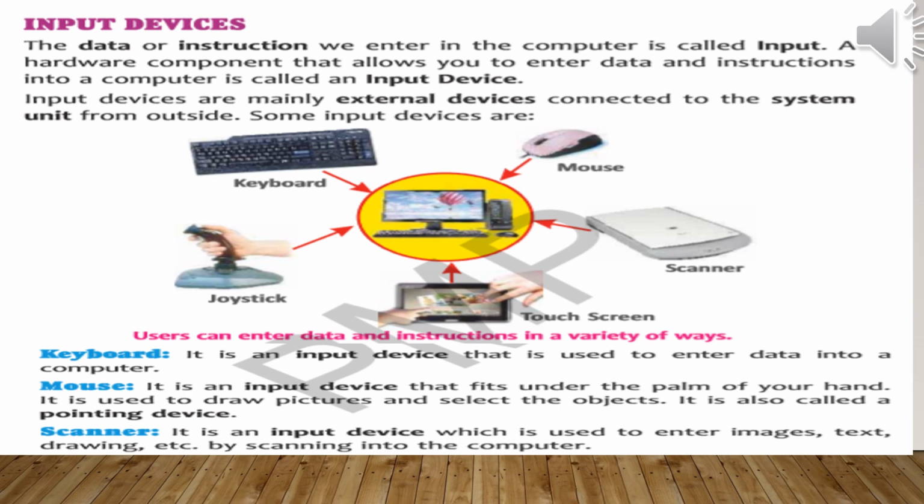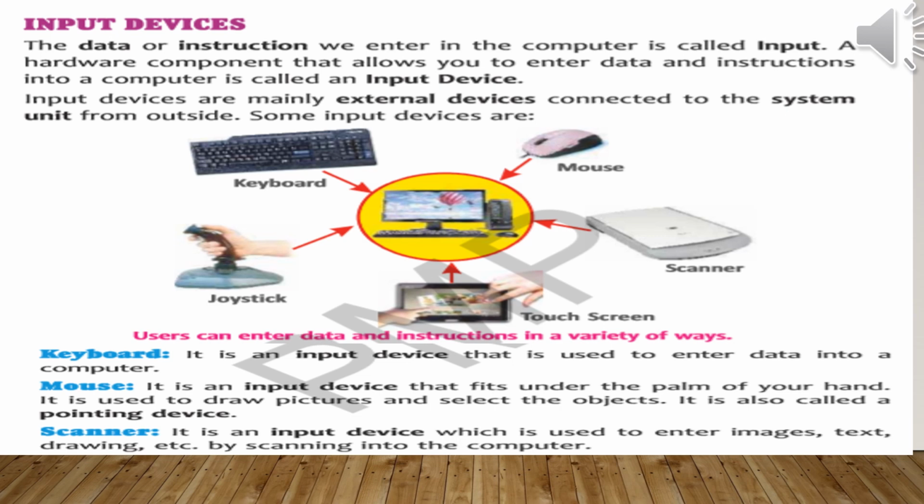Means we can store the picture, images, text or any other type of data on paper, into the computer, and not only keep, we can also make changes in it. Means we can do editing on the pictures. Any color you want to change, any size you want to change, anything you want to do, you can do.